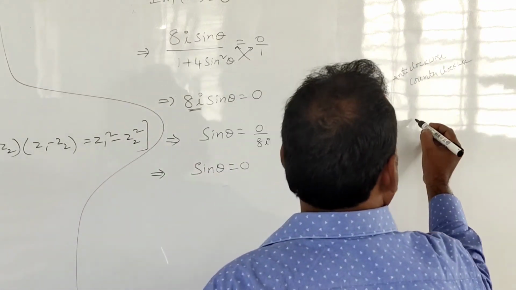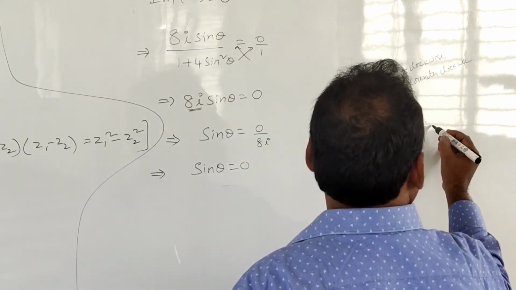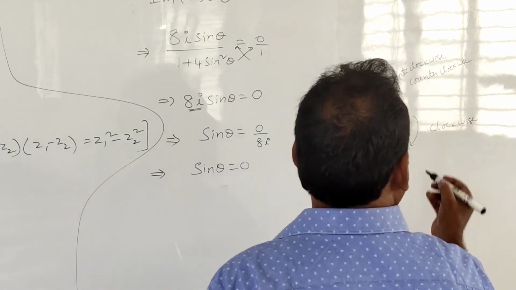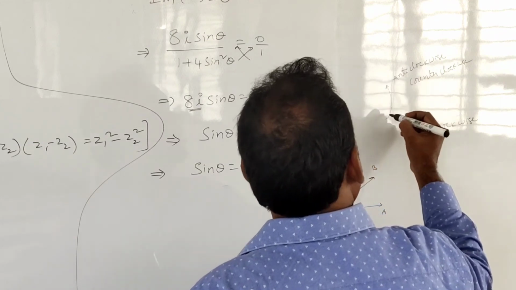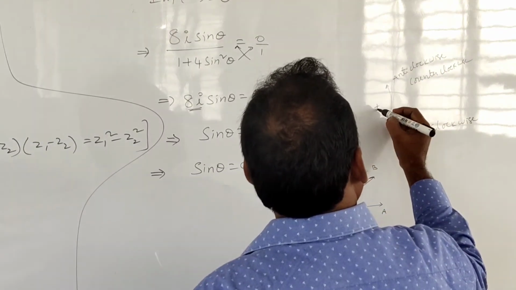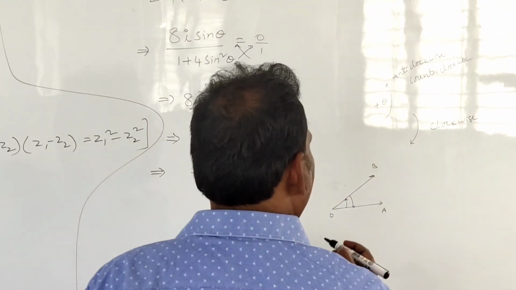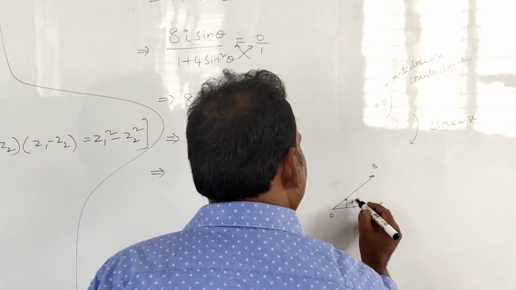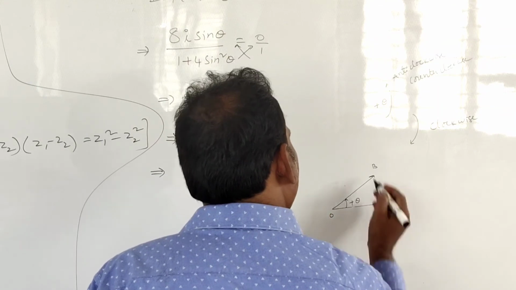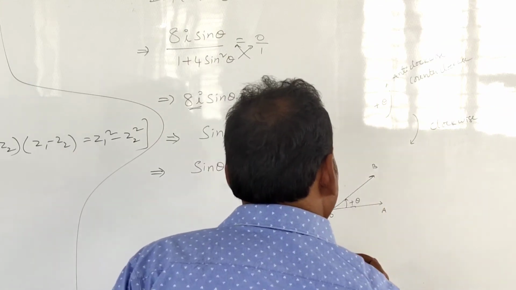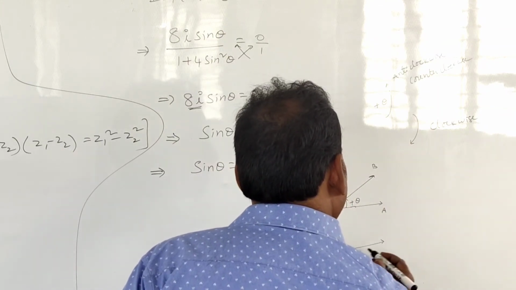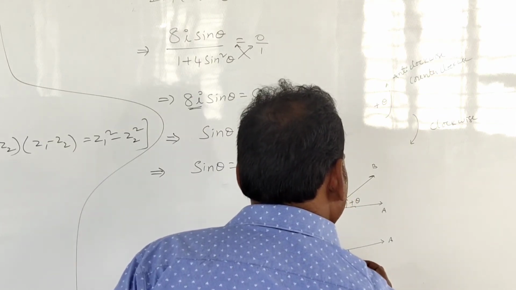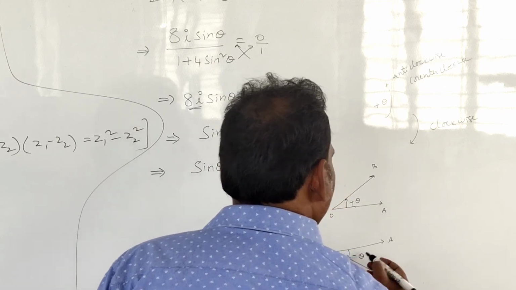If you move in this direction, this is called clockwise. Mathematically, this rotation we take as a positive angle. That means if you rotate in the anti-clockwise direction, we say this is a positive angle. If the ray moves in this direction, this is called a negative angle.